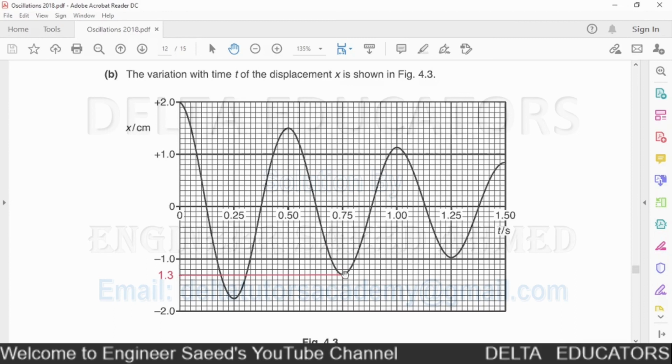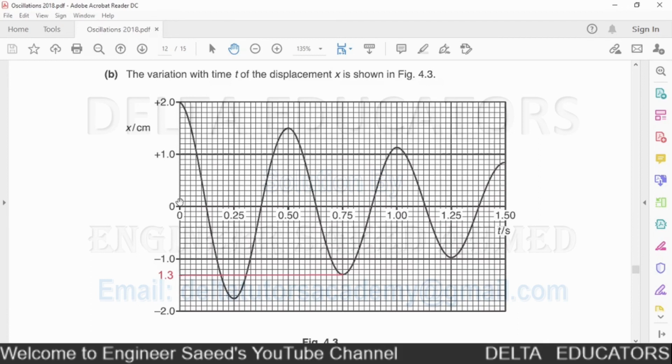Now up to this point it is 1.5 oscillations. At 1.5 oscillations, what is the amplitude? It is 1, it is 2. Between 1 and 2 we have 10 squares, so 1 square will represent 0.1. So at this point it will be 1.1, 1.2, 1.3. So the value of x is 1.3.